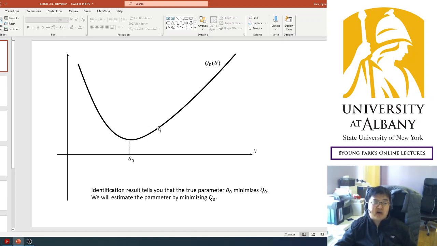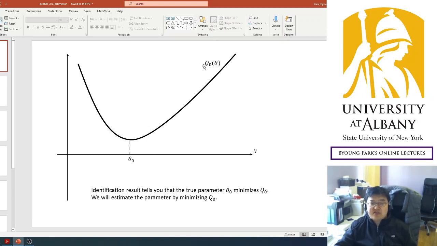So q0 is like this, and theta 0 is its minimum. This point is the true parameter. You would like to estimate this point where the minimum is, right? And we are going to estimate the parameter by this principle, minimizing.